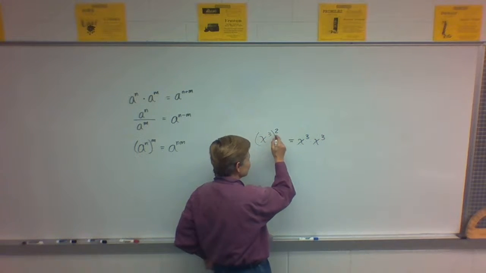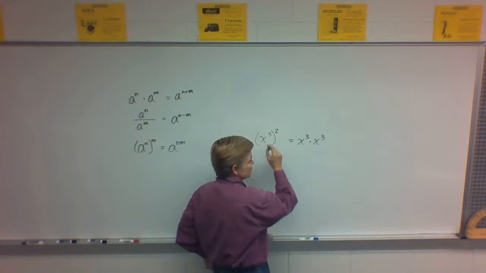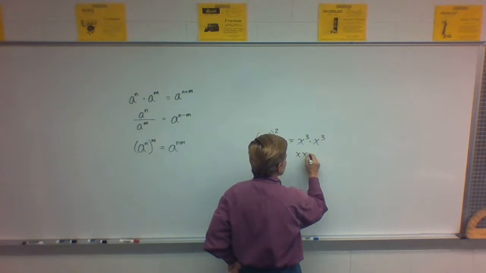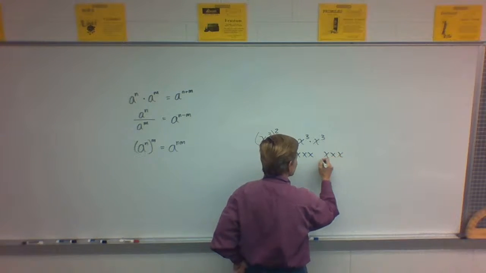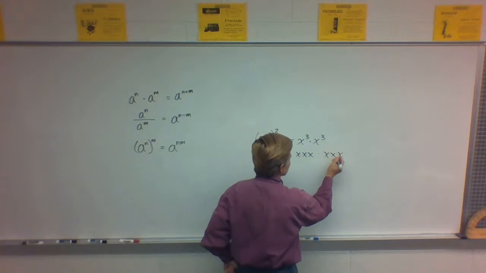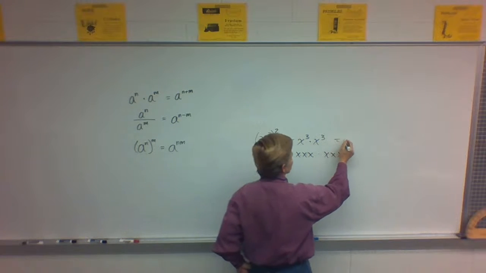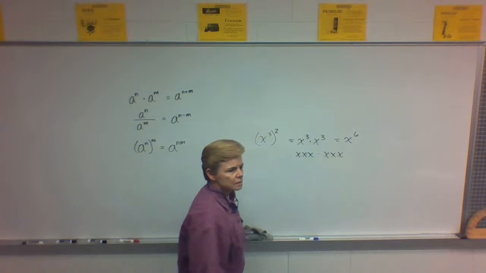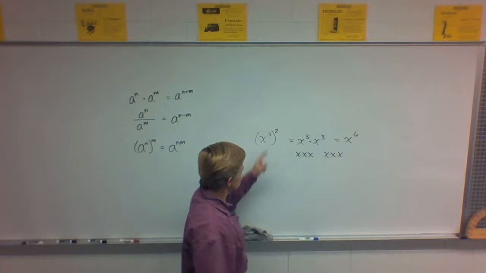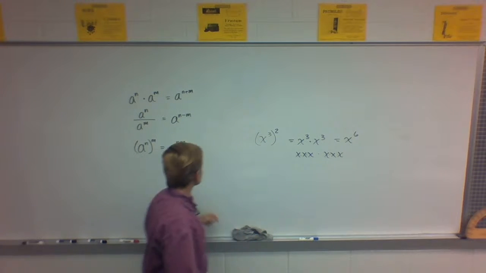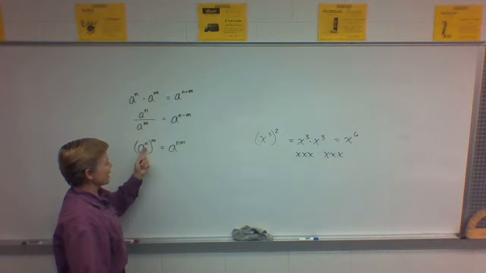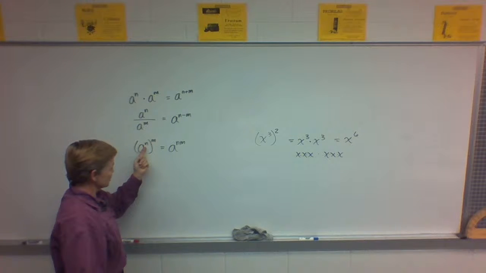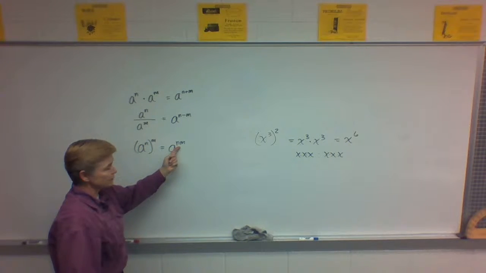Use this thingy in here twice and multiply. That's what that means. And this is x, x, x, and this is x, x, x with a big fat times in between, and you end up with 6 of them, which is 3 times 2. So when you're powering a power, when you exponent an exponent, you multiply the exponents.